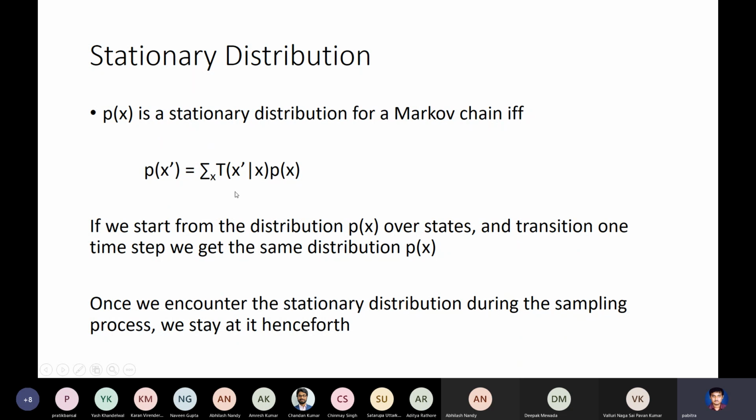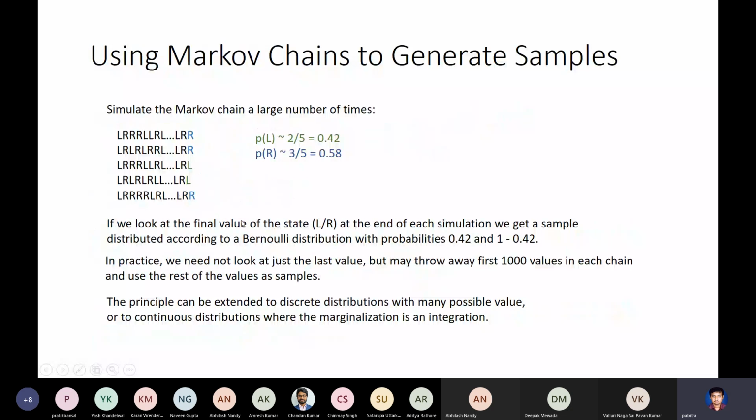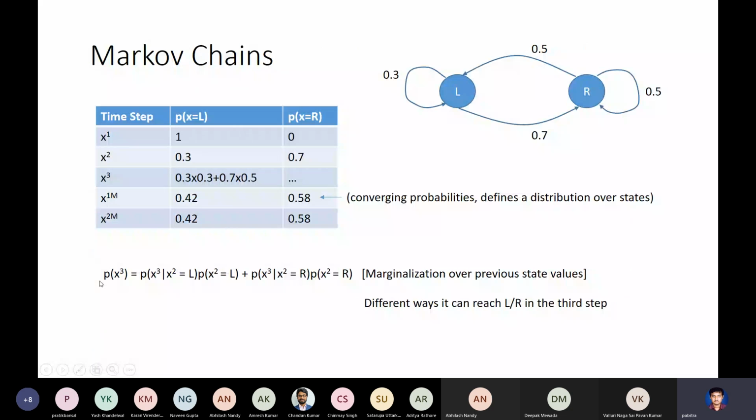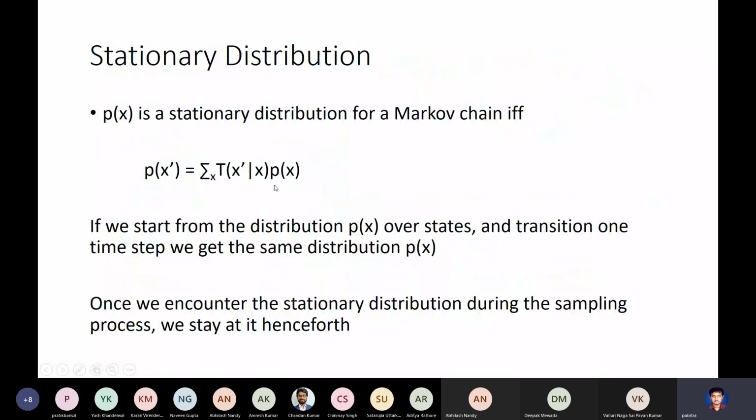A distribution Px is the stationary distribution of a Markov chain if this marginalization that we are doing in this step gives a value which is the same as the left hand side. So the left hand side value is the same as the value of the previous step. So if we start with Px and apply this marginalization, that means from state x, how do you go to state x prime? State x can take all sorts of possible values, any state.